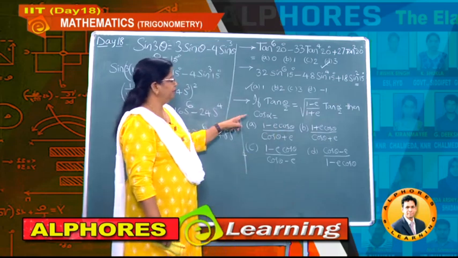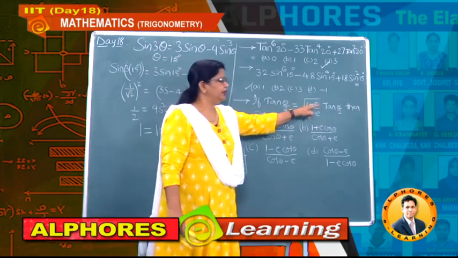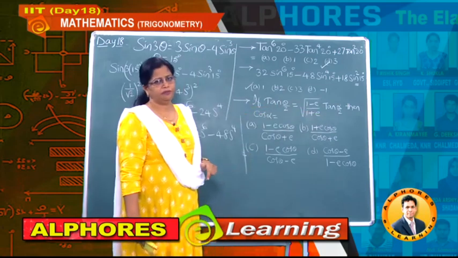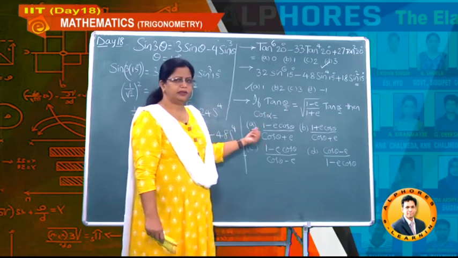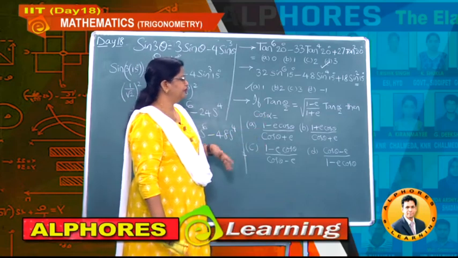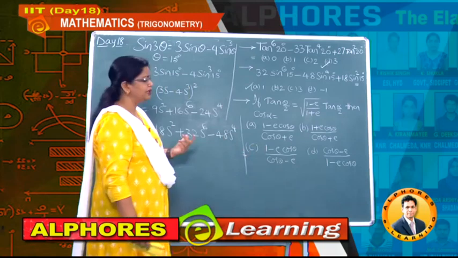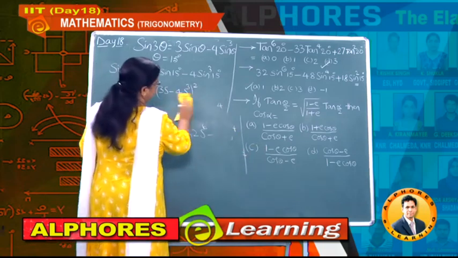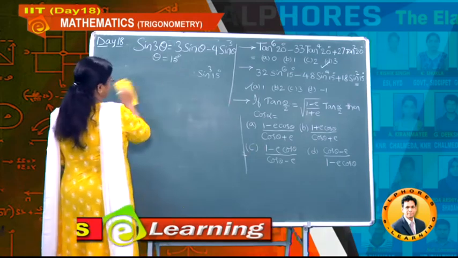Now this data is in terms of tan, this side tan and this side also we are having tan. But the question is asked in terms of cos and the result is in terms of theta. That means you need to convert the entire tan values into cos values. So how to convert tan values into cos values?